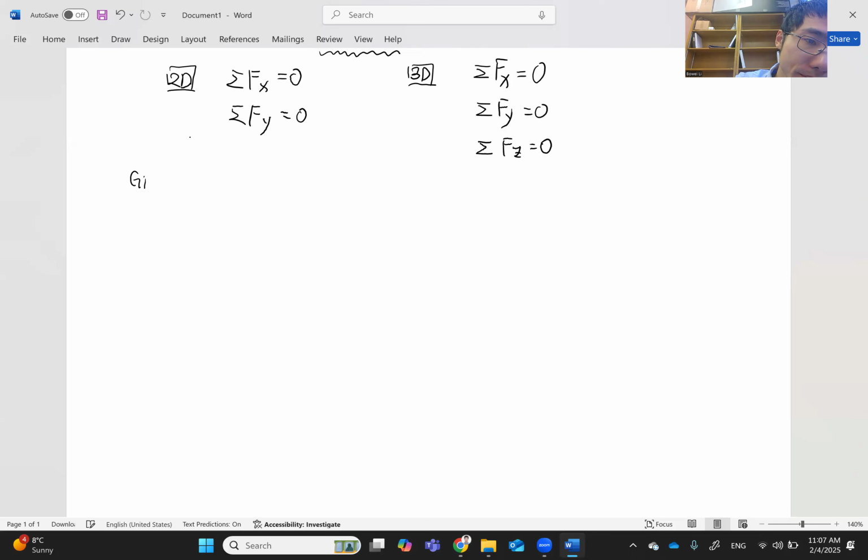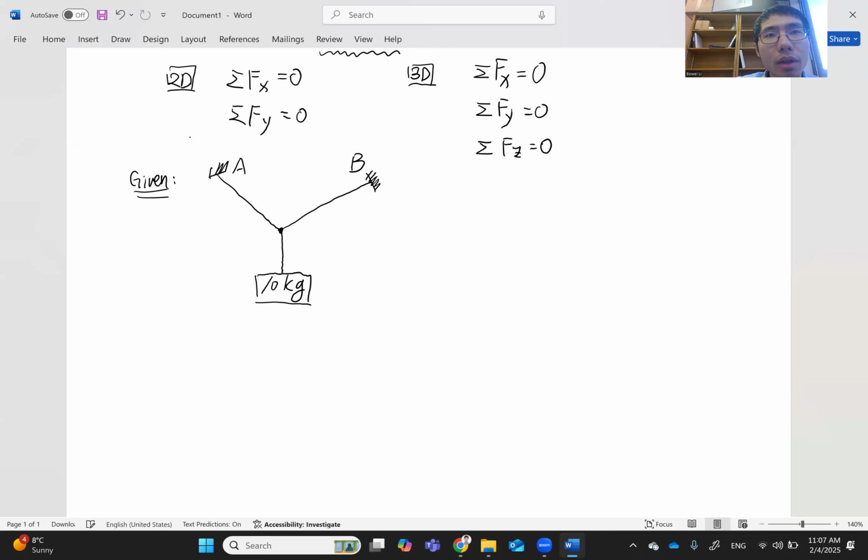Given points A and B, we have a 10 kilogram object hanging here at point C, and C is connected with the cables AC and BC.